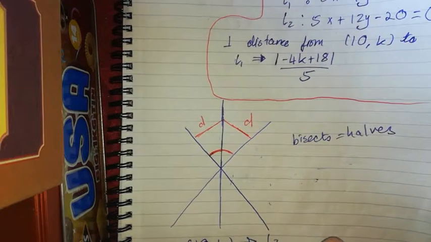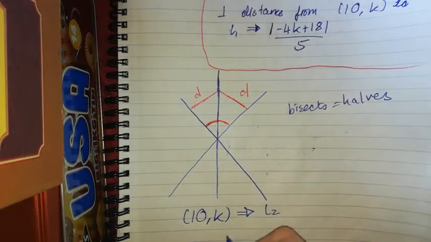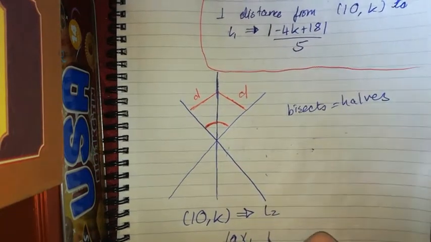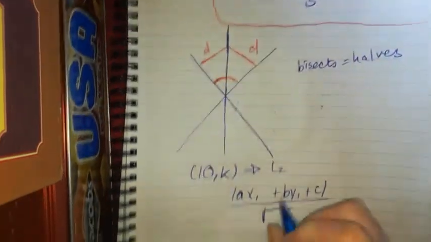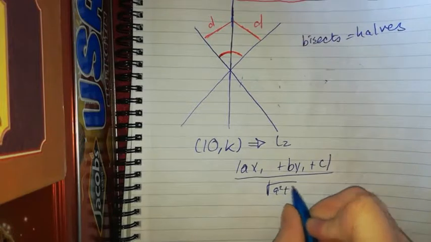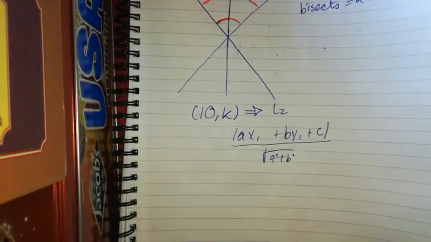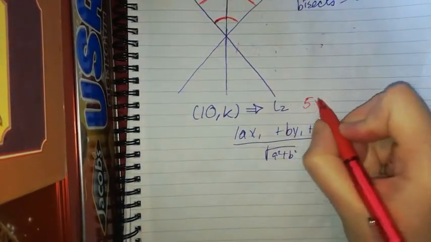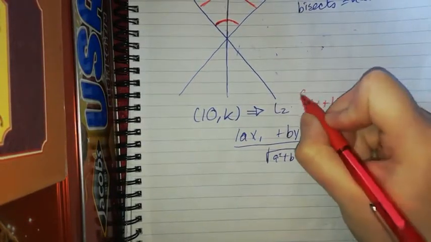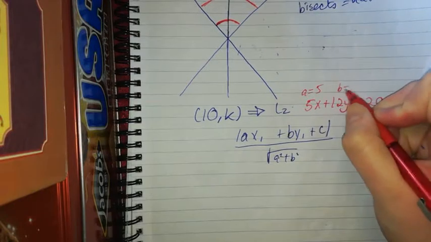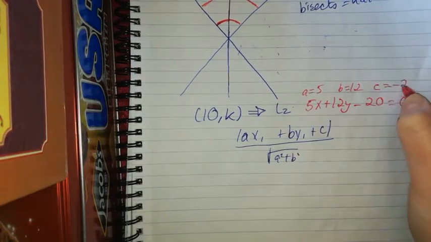So the perpendicular distance is, from our log tables, the modulus of ax1 plus by1 plus c, all over the square root of a squared plus b squared. So our line L2 is 5x plus 12y minus 20 equals 0. So a is equal to 5, b is equal to 12, and c is equal to minus 20.